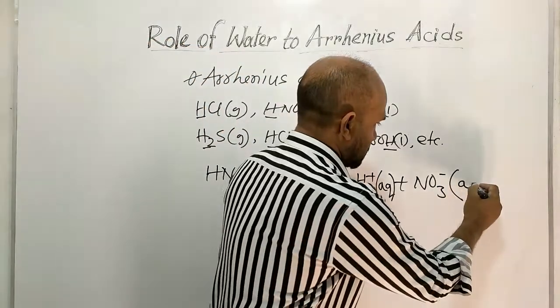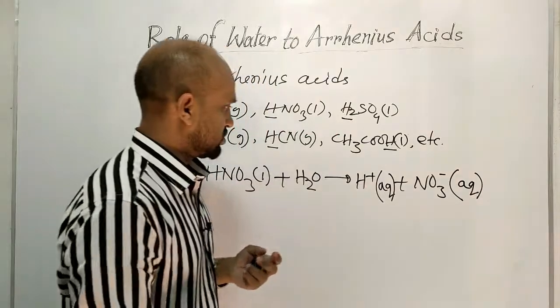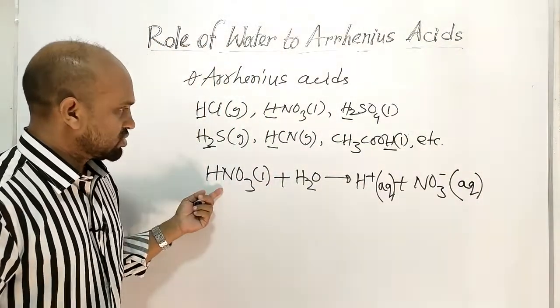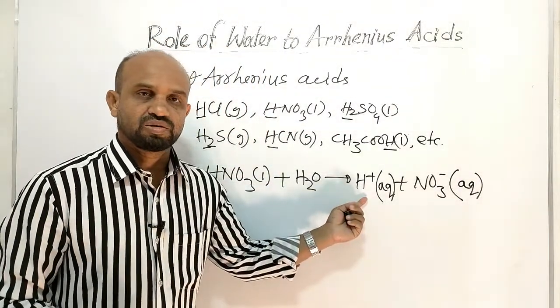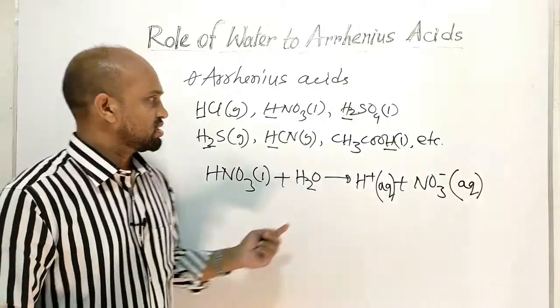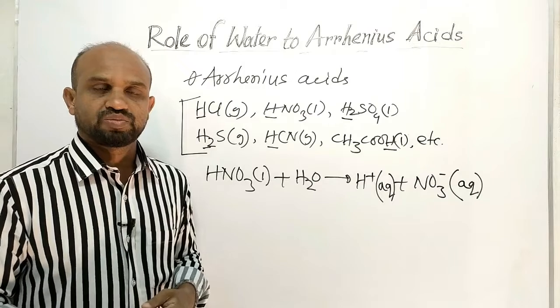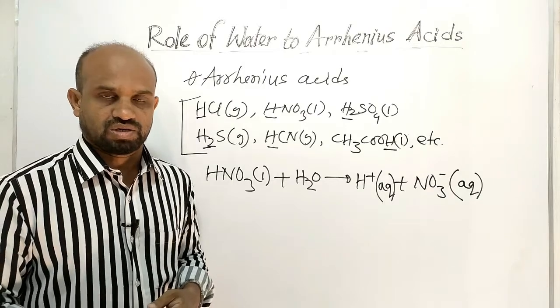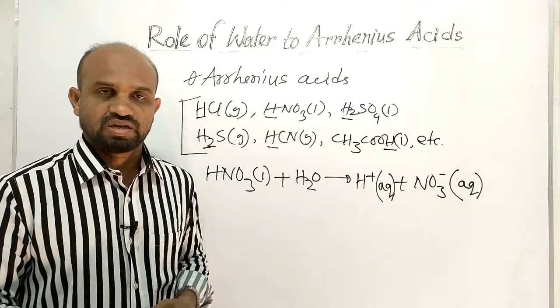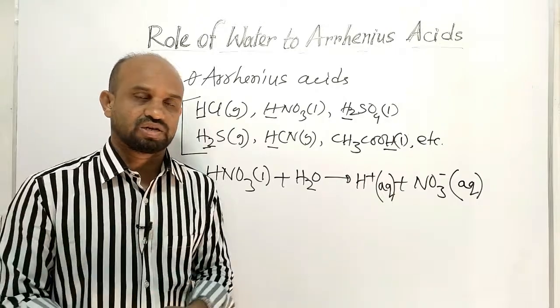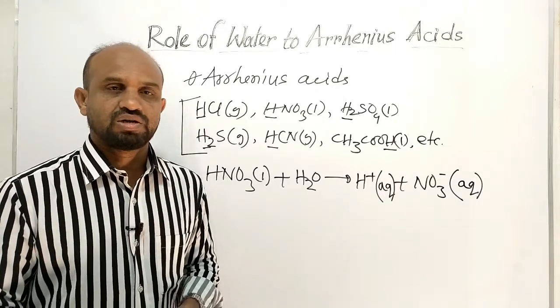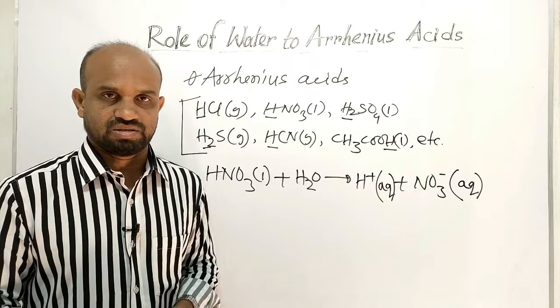This is also surrounded by water. So this compound produces protons in water. Similarly, these compounds can produce protons in water. So these are Arrhenius acids. The compounds that can produce protons in water are called Arrhenius acids.